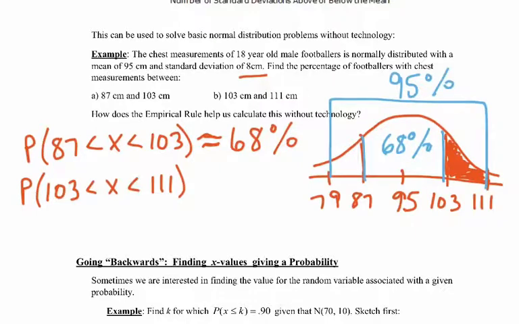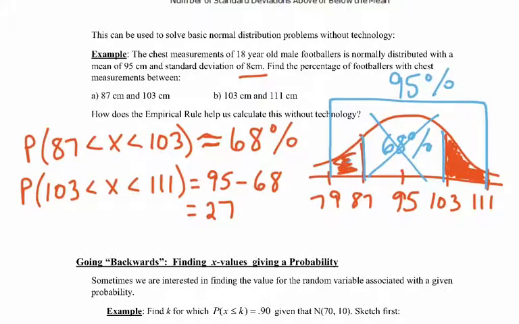Well, if you think about cutting out this middle section, subtract that 68% off, what is left for the tails, the remaining areas, the part that's shaded in red, and this tail down here. So what I'm going to do is I'm going to take the 95 and I'm going to subtract 68. So let me jot down what I'm doing here. So I've got 95, cut out the 68%, and that leaves me with 27% for this little area here and this little area up here.